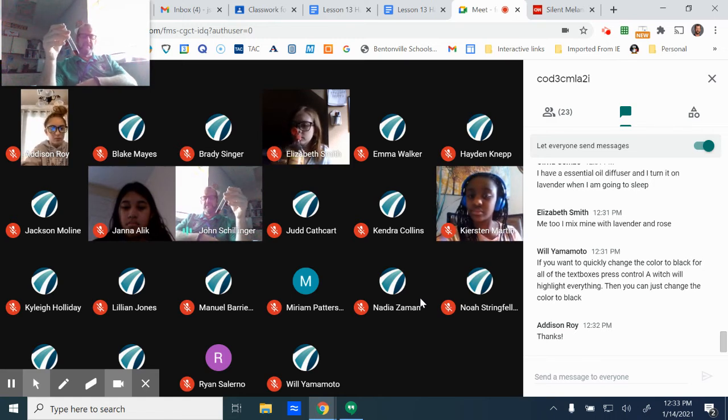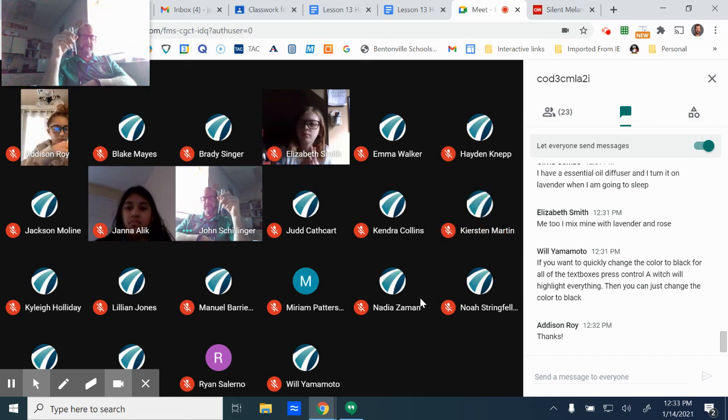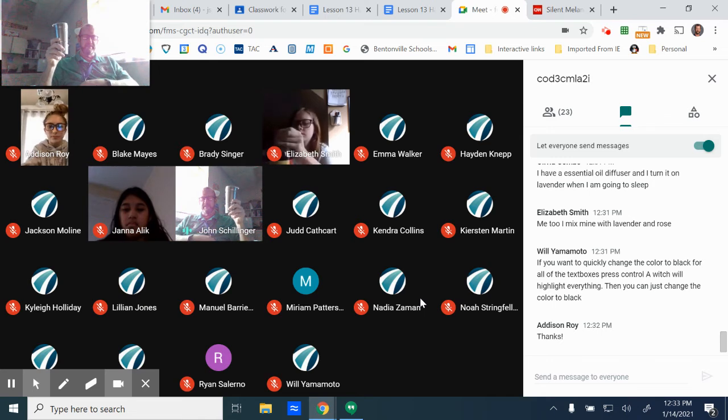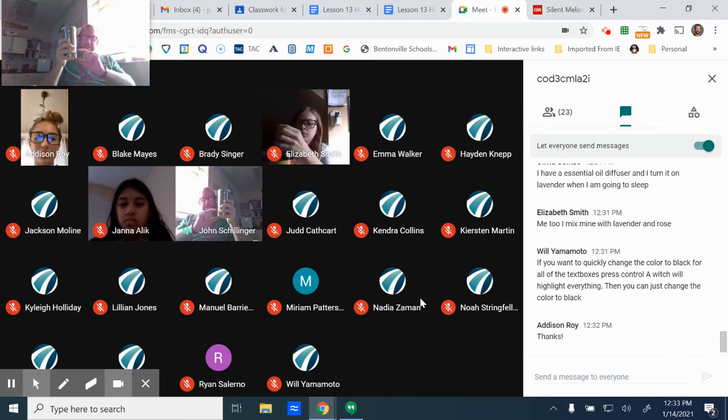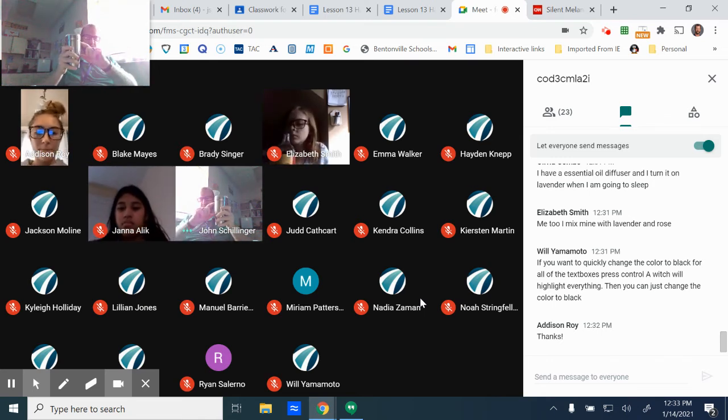To me, raw vanilla almost smells like a medicine, but it reminds me of my coffee, and that's because my coffee is caramel vanilla. I drink a little bit of coffee with a lot of caramel vanilla creamer in it.